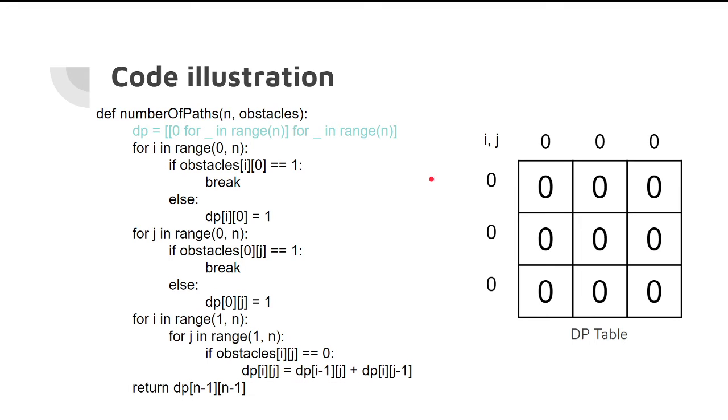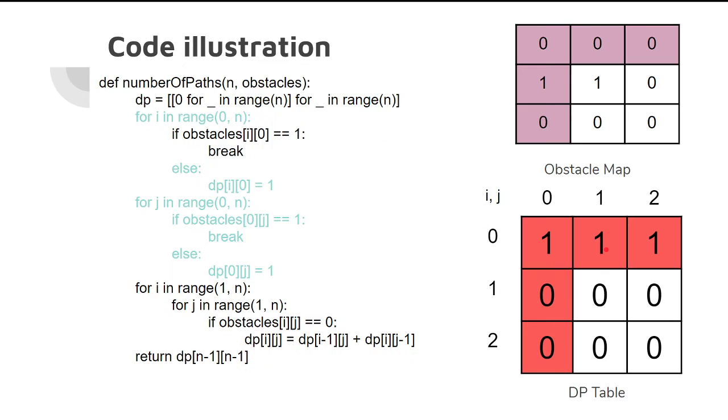Code illustration. So first we make a dynamic programming table that has the dimensions of n. And then you go through each element, and first you go through the first row.